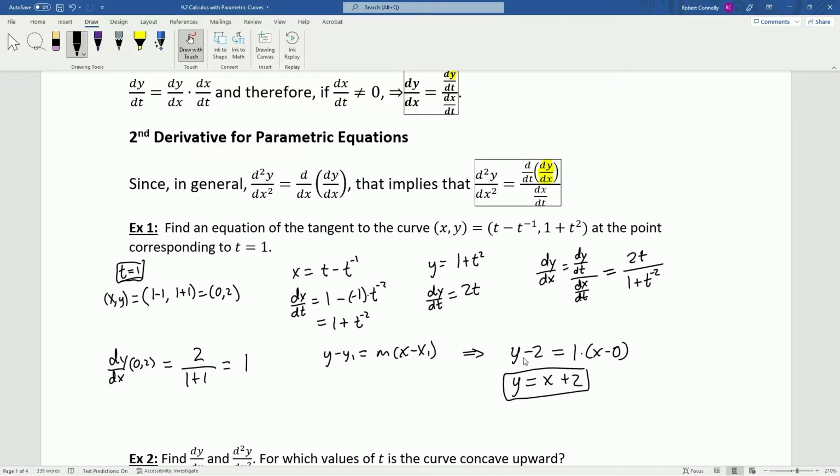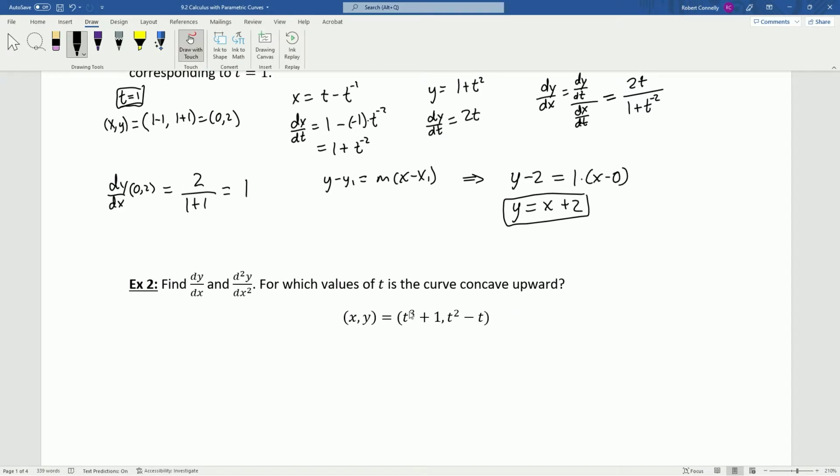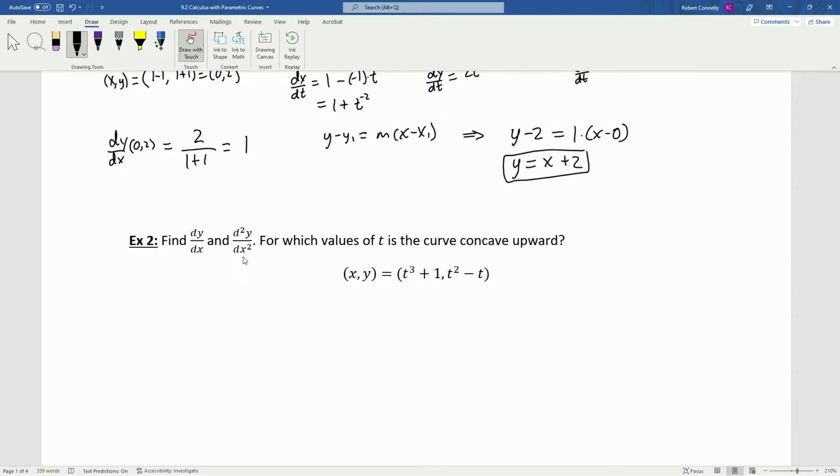Okay, so now that we're done with that example, let's move on to one more. Find dy/dx and the second derivative of y with respect to x. For which values of t is the curve concave upward? All right, well, first we'll need to find dx/dt. Since x is t cubed plus 1, that's just going to be 3t squared.